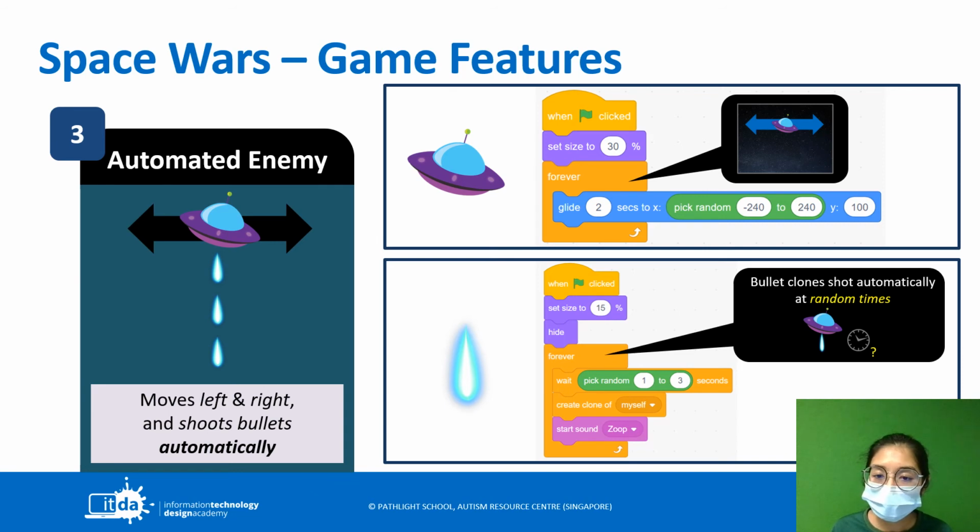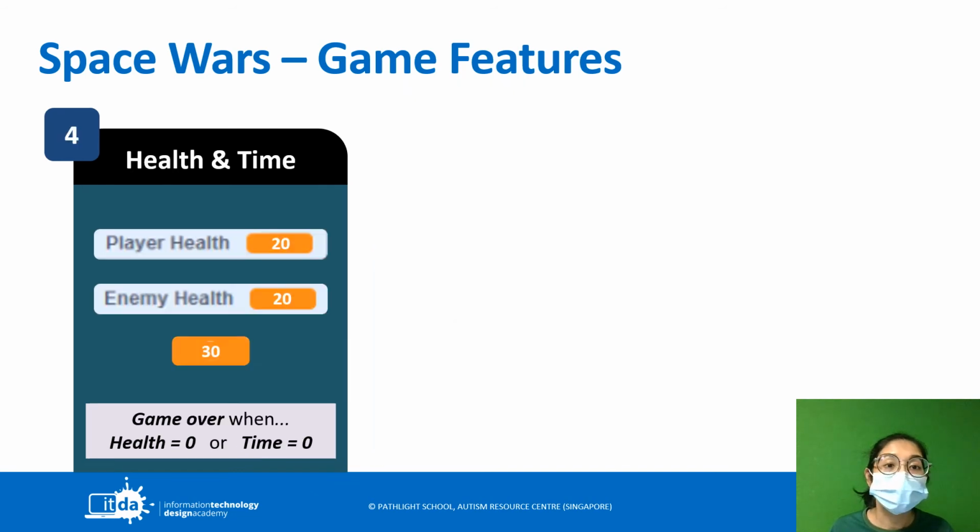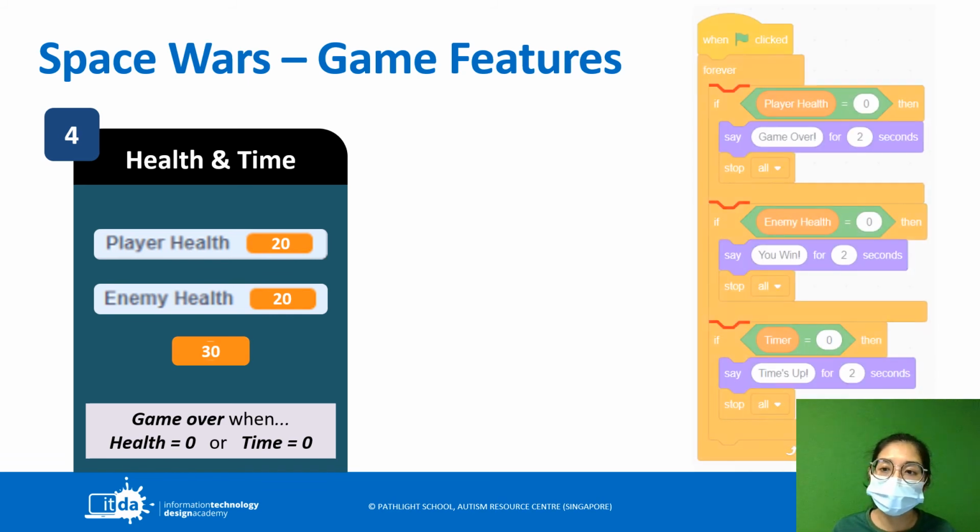Now, the last feature for our Space Wars: we're going to have important health and time variables. For this game, we're going to have player and enemy health as 20 points, and we're going to set a timer of 30 seconds. For these variables, game over will be activated when your health or your time is 0. The code for this is this.